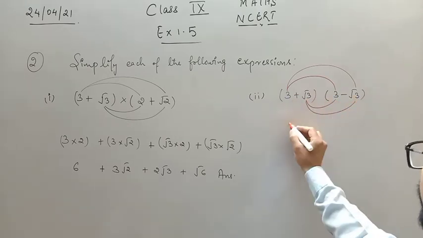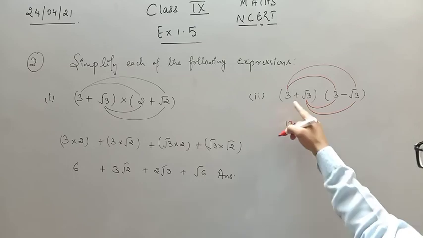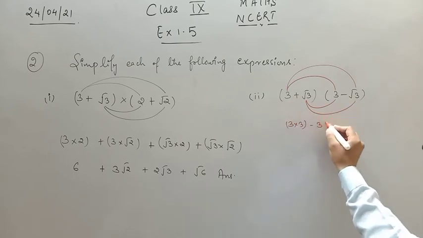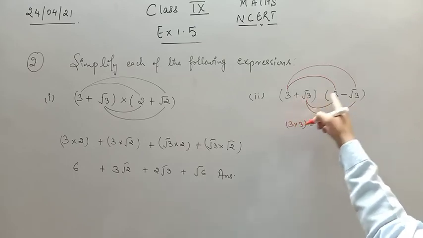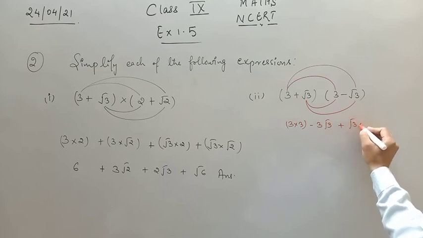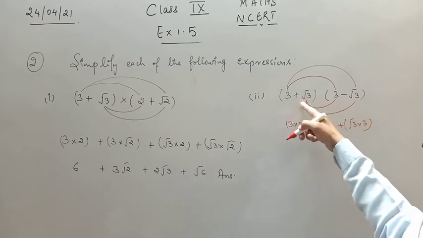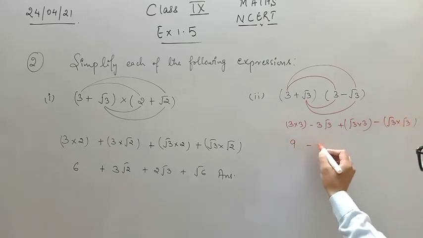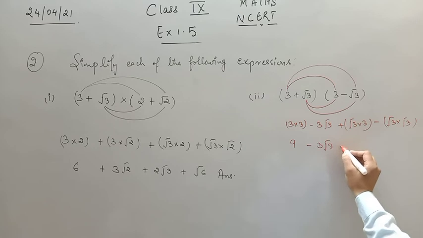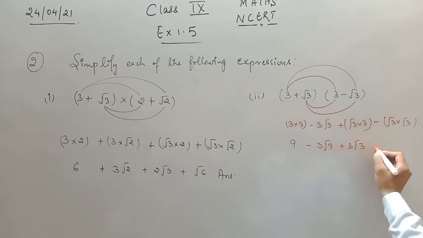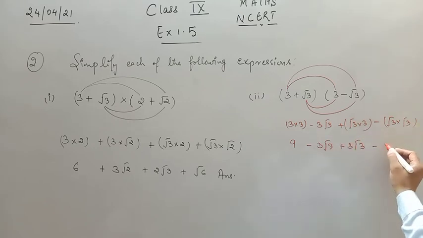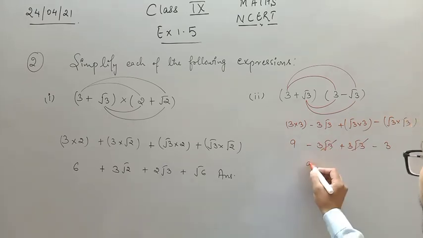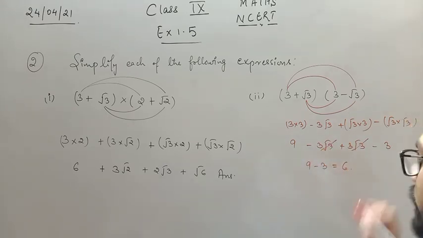So 3 3s are 9, minus 3 root 3, plus 3 root 3, minus root 3 into root 3 is 3. These two values get cancelled out. So 9 minus 3 is equal to 6, right?